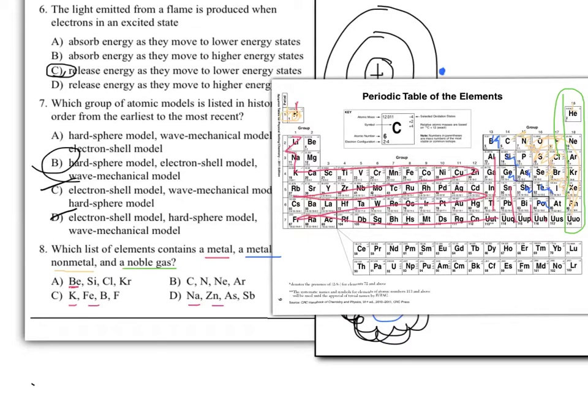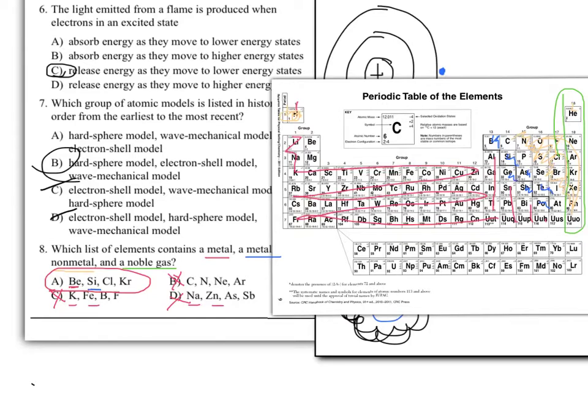So these are metals. Now, if we have to include one of each, any choice that has two metals is not a good choice, and the selection that has no metals, again, is not an acceptable choice. So that means that choice A is the best answer, and to prove why, we're going to make sure that we locate the metalloid. So the metalloid would be silicon.